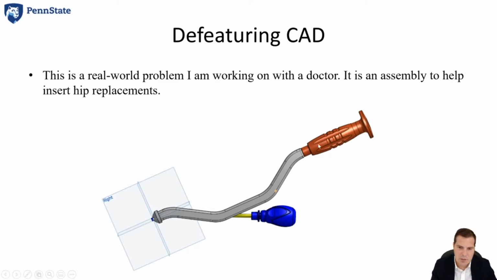In any case, you can see the CAD, this is what was given by the medical device company. You can look at the screwdriver. It's a beautiful screwdriver, but it has really complex, all these different lines in it. The same way with this assembly here.